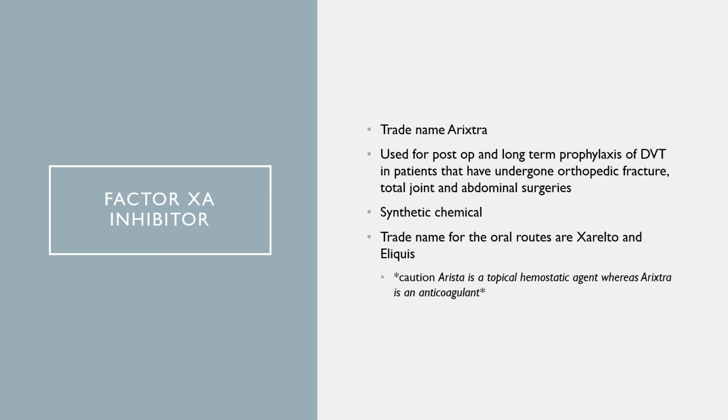That's Xarelto and Eliquis. But there is a caution on this one. Remember a little bit back we talked about Arista, which is a topical hemostatic agent. Then we have Arixtra, which is an anticoagulant. So those are very similar sounding, but they have completely different indications. So we need to just be aware of that similarity between them.